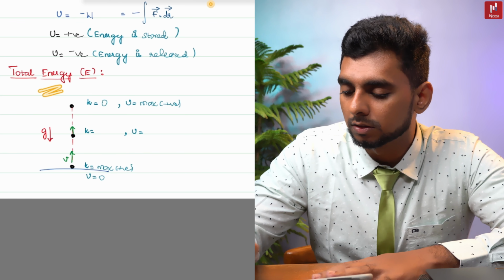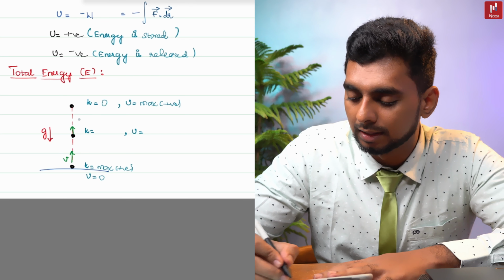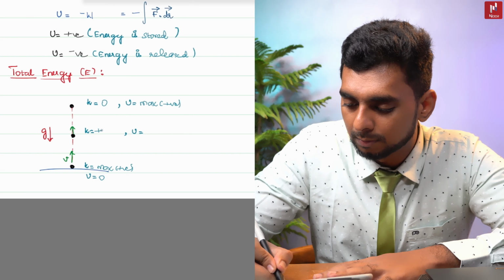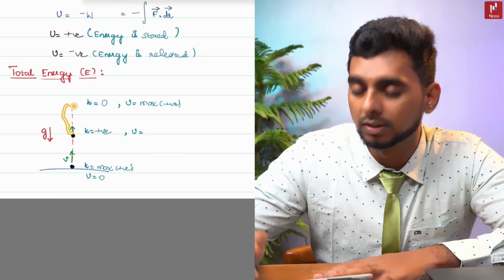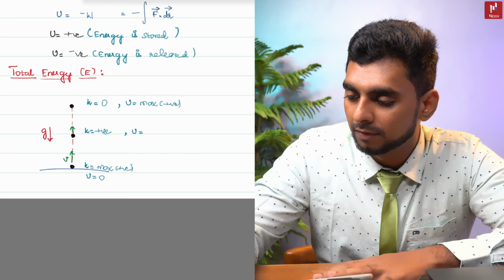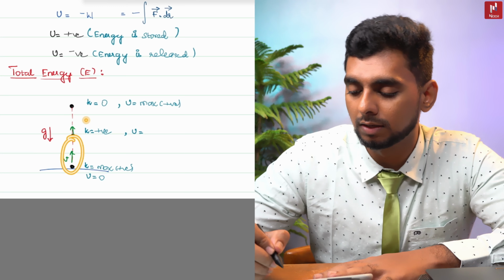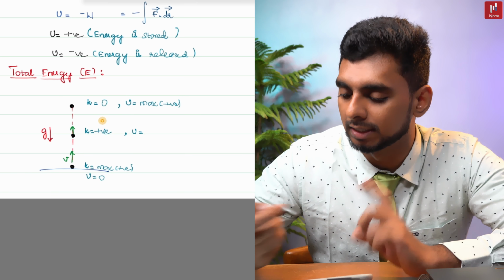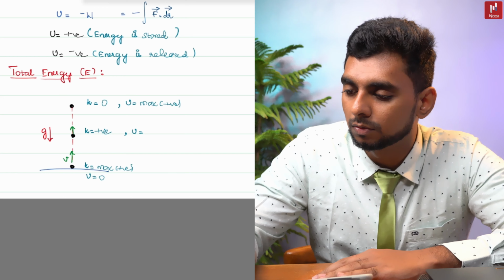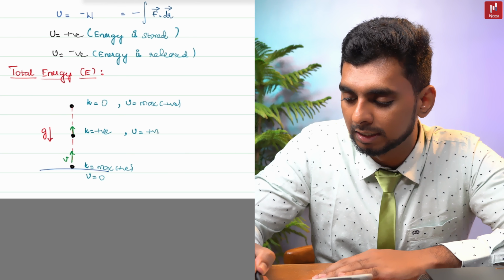In that intermediary position, you will have some kinetic energy left, which is responsible for the upward motion of the object. Some part of the velocity would have been lost, and that lost velocity is stored, because of the force field, in the form of potential energy. It should be clear. So in the intermediary position, you still have kinetic and potential energy.